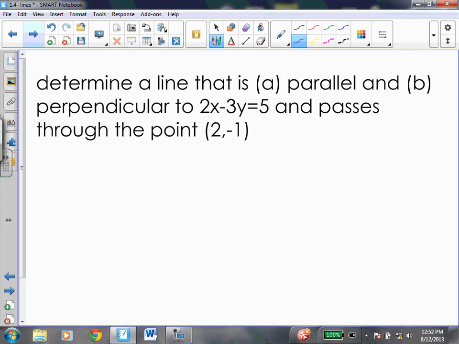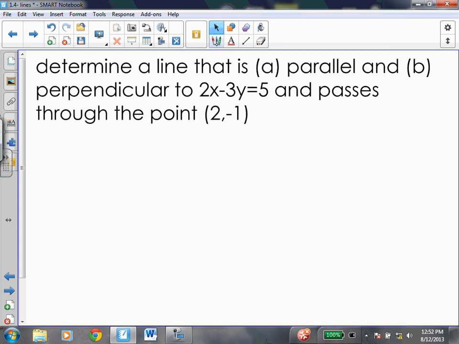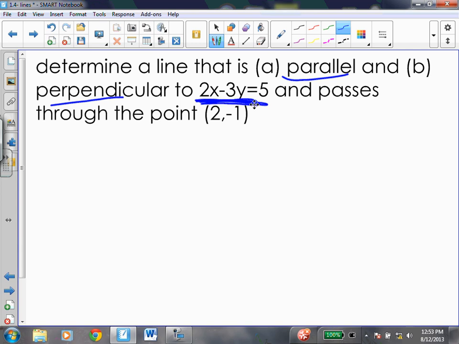Determine a line that is A, parallel and B, perpendicular to 2x minus 3y equals 5 and passes through the point (2, -1). Again, the directions don't actually tell me what form to put the line in, so I can use whatever I want. But before I can figure out a parallel and a perpendicular line, I need to know the slope. Right now I'm in standard form. It would be in my best interest to convert this into slope-intercept form by getting y by itself.